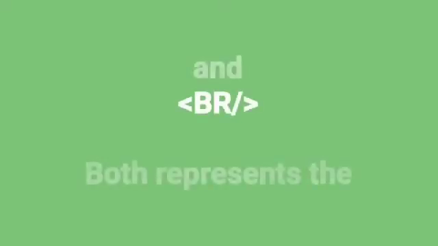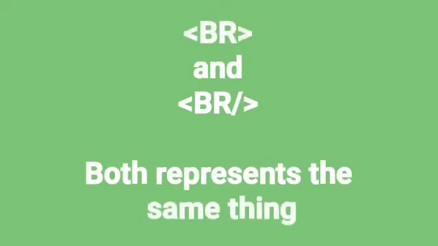That is the other way of representing an empty element. That means BR, start tag, BR, open tag, and BR with forward slash, angular bracket close. Both of these are the same representation of the empty element.